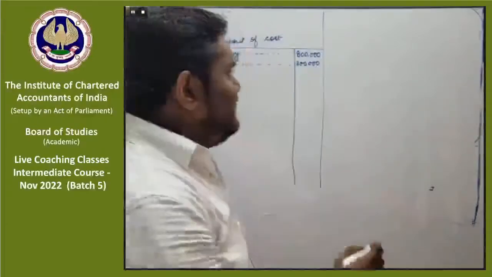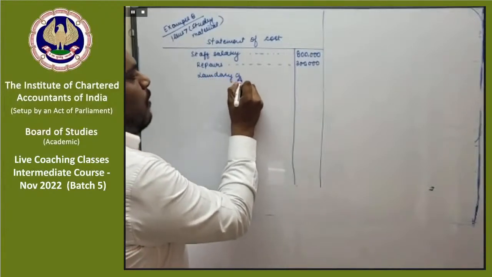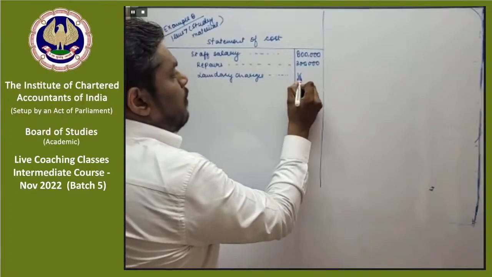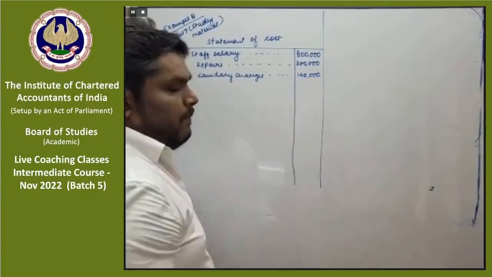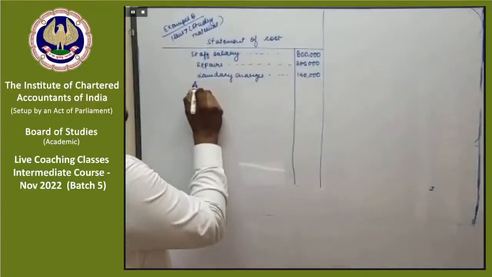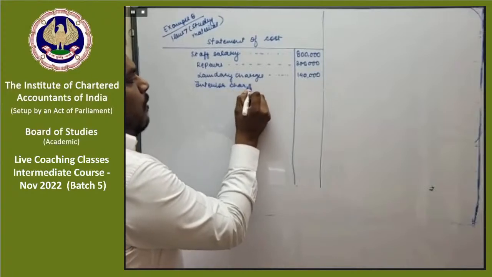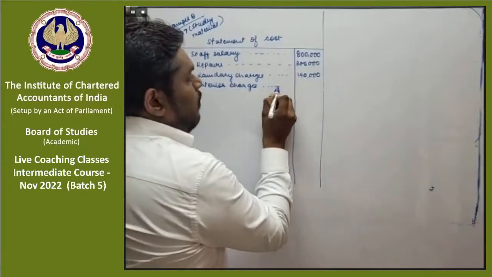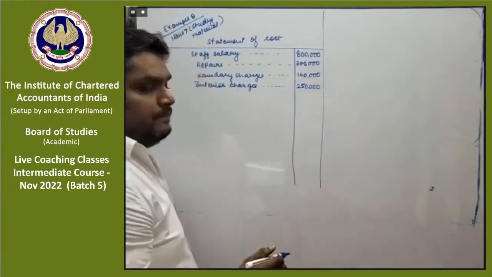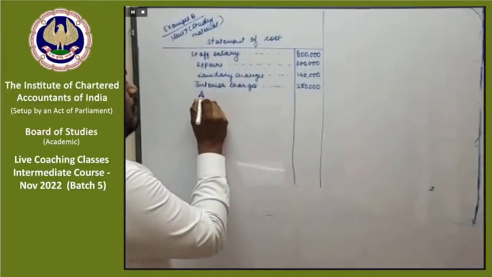Laundry charges are given, that is 1,40,000. Interior charges 2,50,000. Miscellaneous expenses 200 and 200.